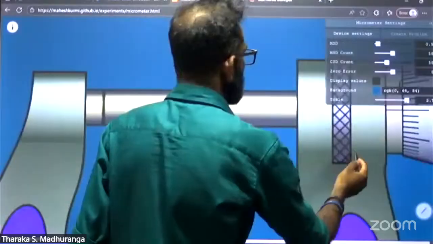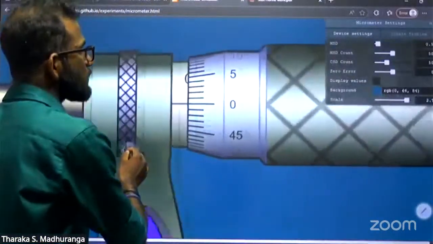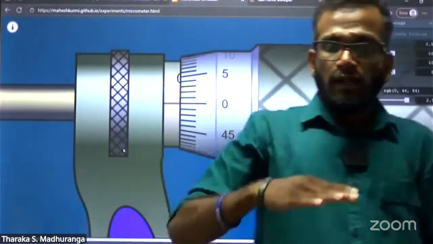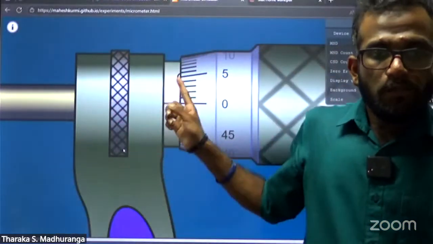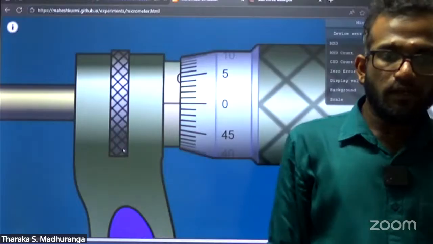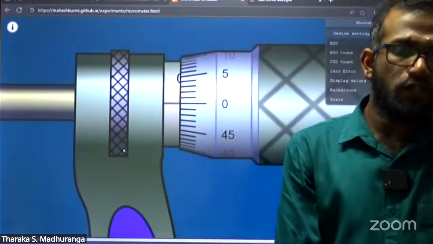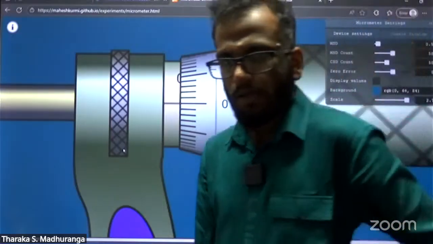On the micrometer screw gauge, if the circular scale zero properly coincides with the linear scale middle axis as given here, it is an accurate instrument and doesn't have any zero error. Are you good?